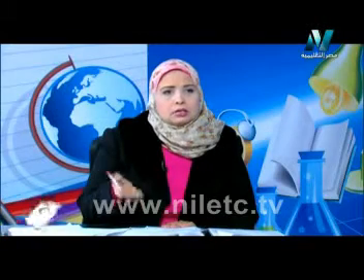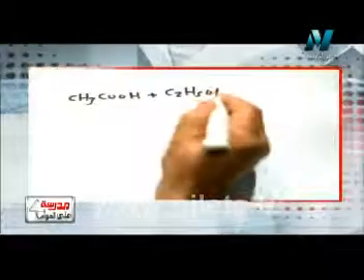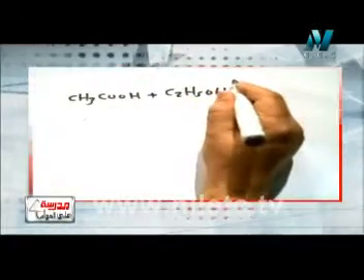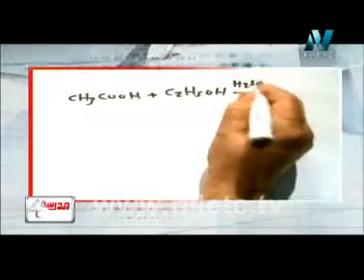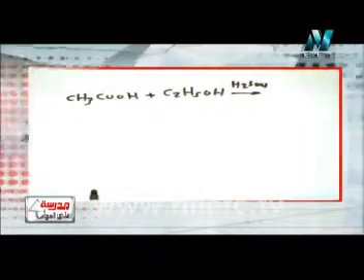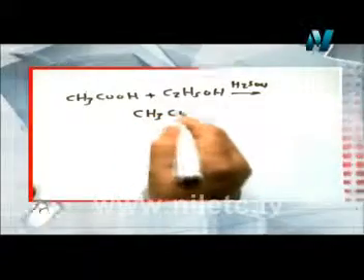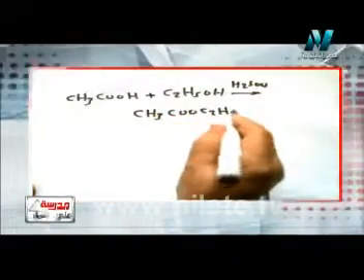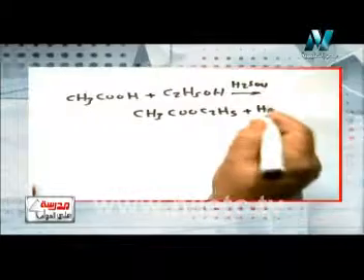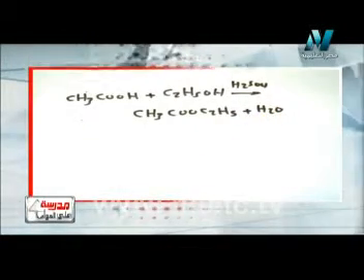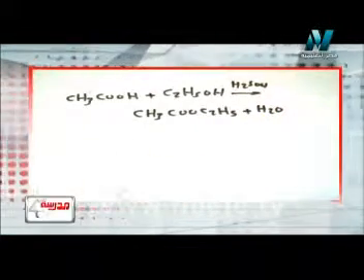Which ester do you need? Suppose we need ethyl ethanoate ester. We take C2H5OH, ethyl alcohol, in presence of concentrated H2SO4 to prevent the reversible reaction. It gives CH3COOC2H5 plus H2O, ethyl ethanoate or ethyl acetate ester.